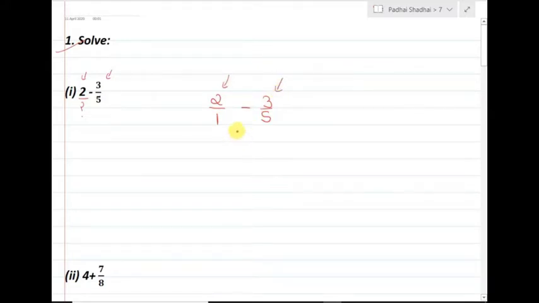Now what to do? So second step, beta. Here we have to take the LCM of the denominators. So the LCM of 1 and 5. We will find the LCM of 1 and 5 for subtracting.